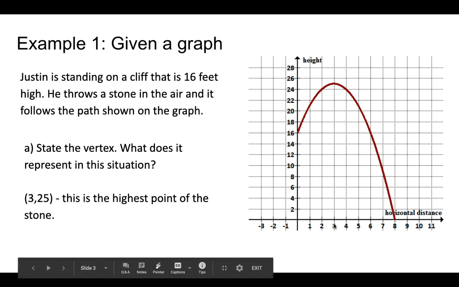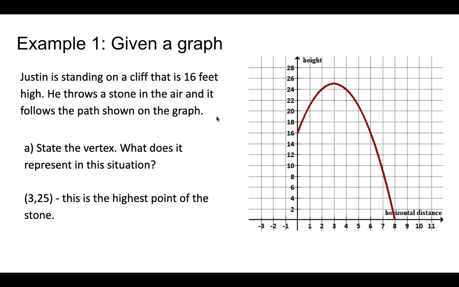Remember, you always put your x coordinate first and then your y value. In this situation, that's the highest point that the rock reaches. If you take physics, you'll know that this is where the rock changes direction and it stops. It has a velocity of 0 right there. Okay, so that's part A.